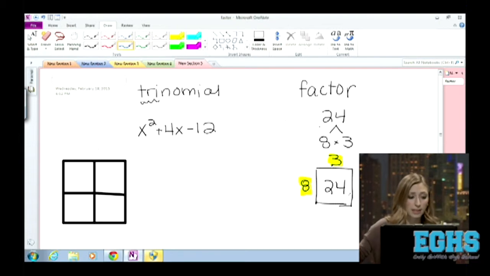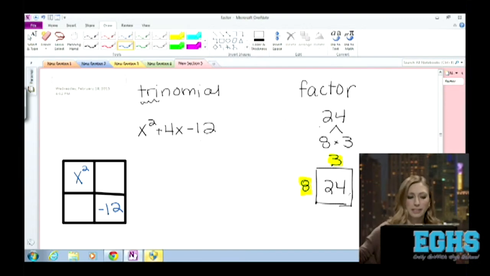So what you can do with this area model is set up the pieces. You'll put the first term in the top left box. You'll put the last term in the bottom left box, and then from here it's kind of like a puzzle. If you've ever played Sudoku, it's a puzzle where you're trying to fit in numbers based on what's going on around it, and it's almost a trial and error kind of thing.